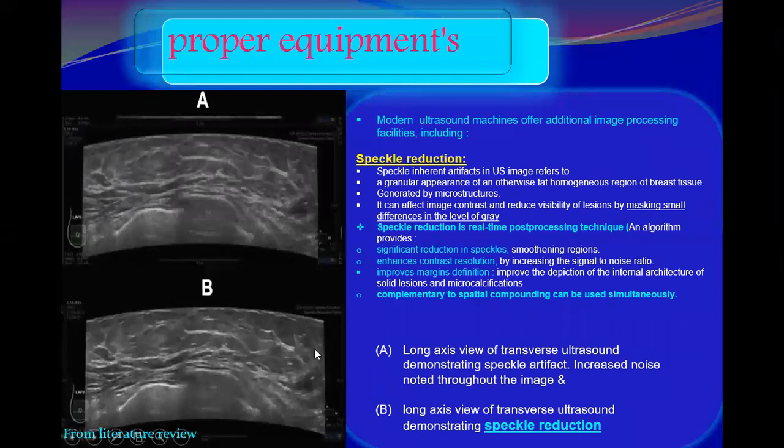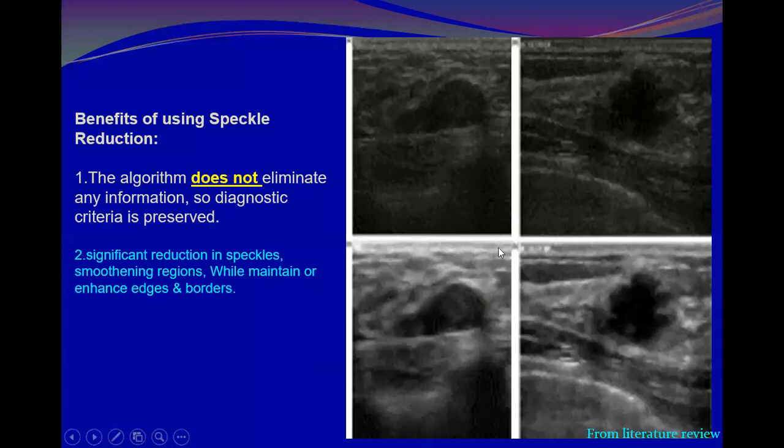Again, look at the image here, how noisy and grainy it is with the speckles, and when they remove the speckles with speckle reduction, look at how the image looks.